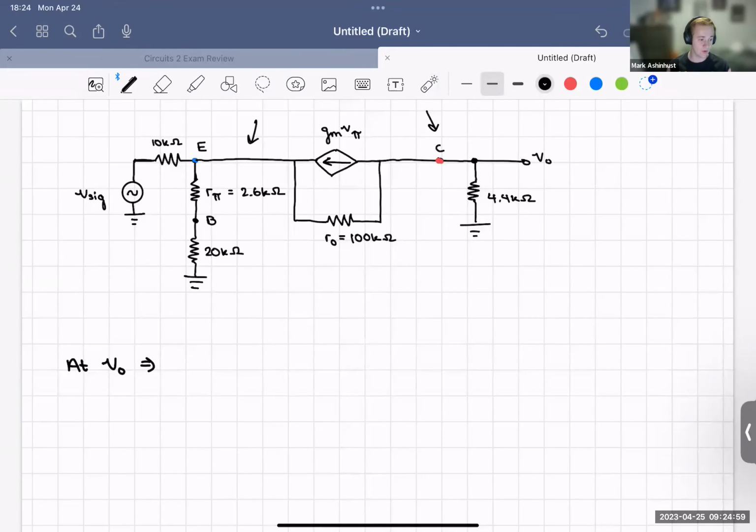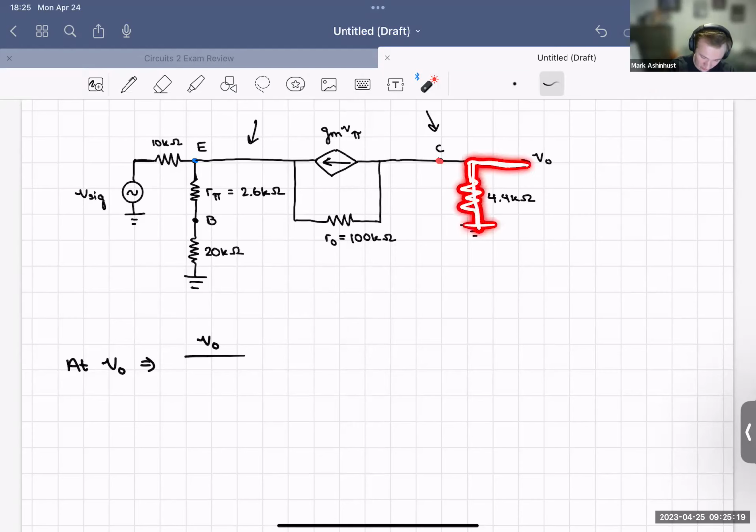We'll be solving for currents because the gm V pi is a conductance. So we have the current law, and we'll have V out over the resistance here, V out to ground through the 4.4K. So V out over 4.4 kilo ohms, that's a current we have.